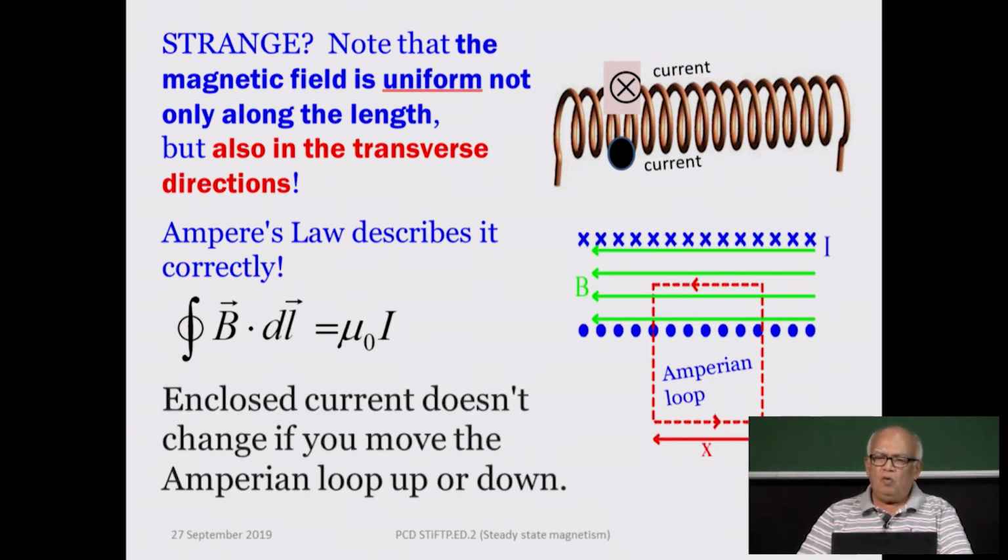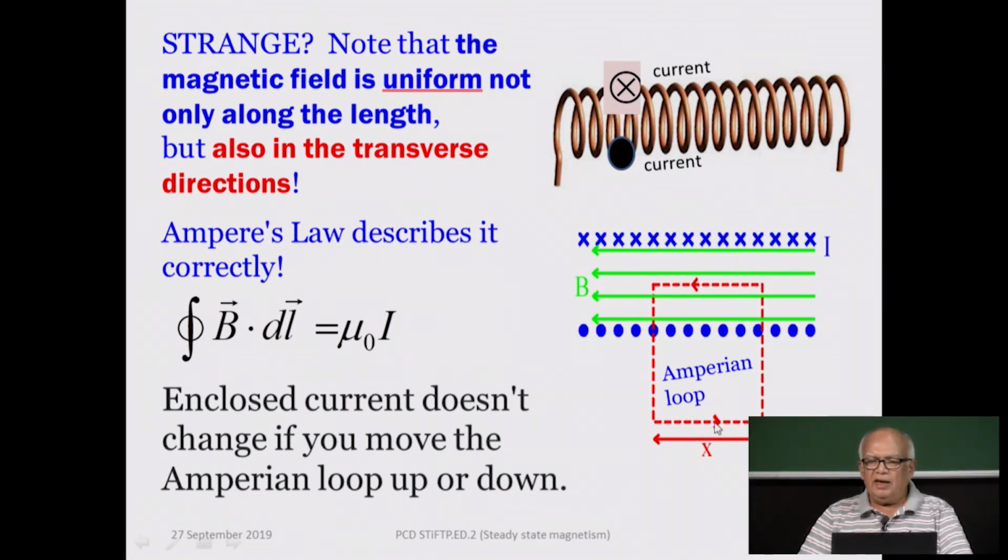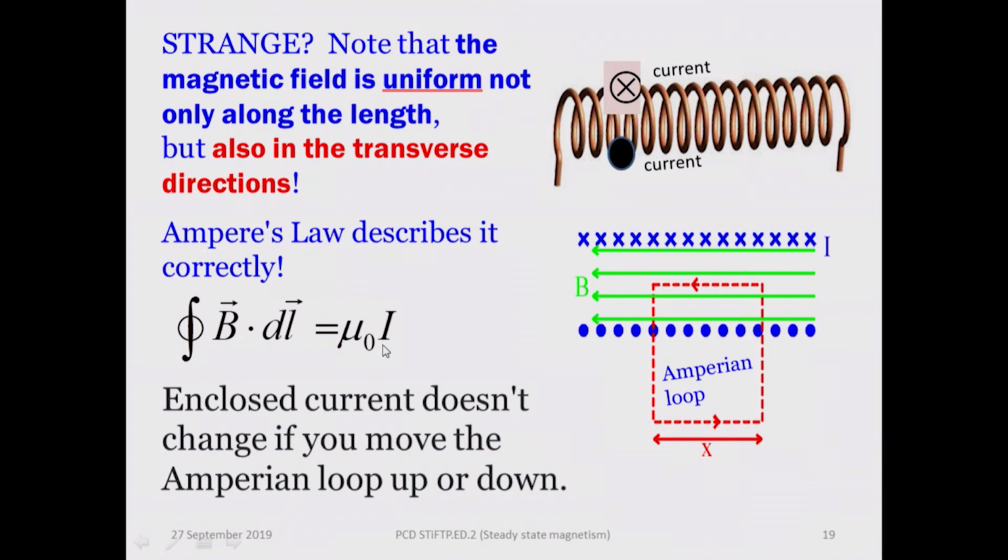If you now draw this and just consider an Amperian loop over which you determine this line integral, then it is given by mu 0 I. This is Ampere's law. And the current which is enclosed in this loop is the same even if you move the loop up or down, which is why the magnetic field remains invariant even as you move away from the axis.